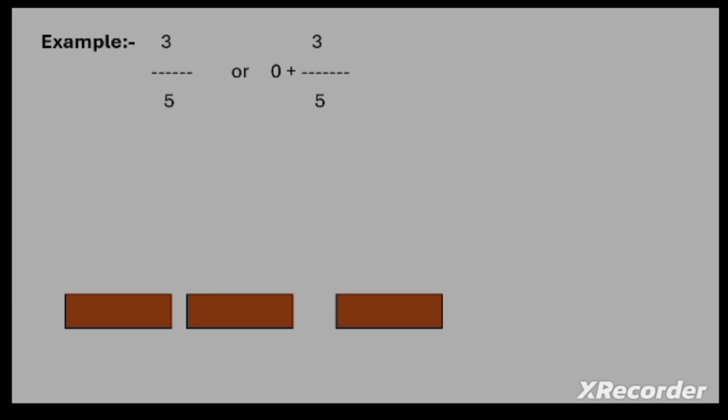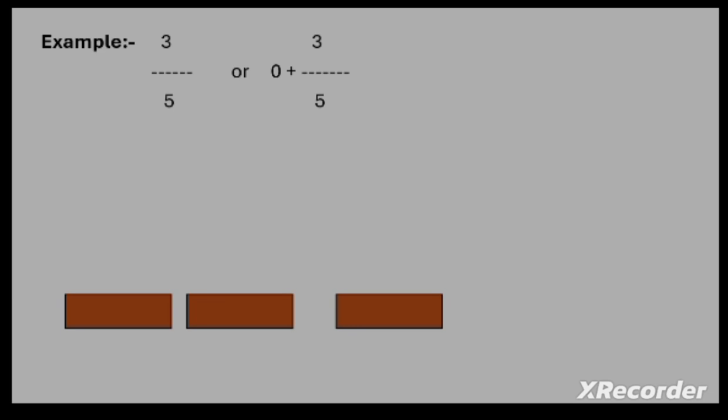That student will say that I have been given 3 upon 5 chocolates. It means that there was a chocolate which was divided into 5 equal parts, and 3 parts of that chocolate were given to that student, so that student can say that I have 3 upon 5 chocolates.